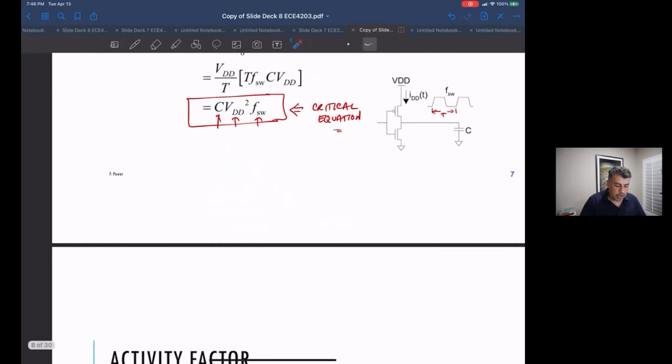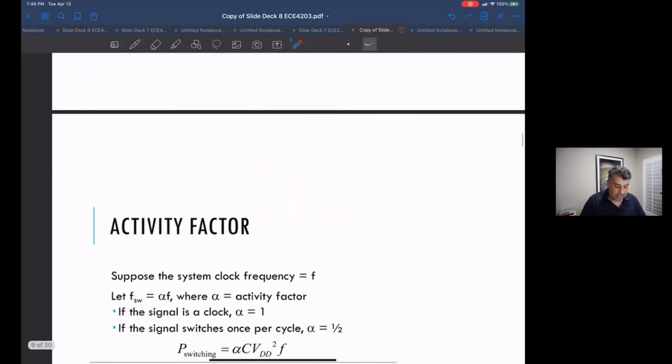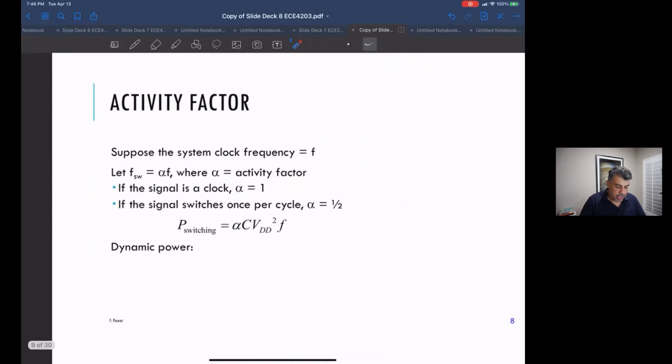So they've come up with this concept of activity factor. That's compared to a clock. Let's say the clock is F. The activity factor says how active that circuit is. Let's say our baseline is a clock. For a clock, the activity factor by definition is 1.